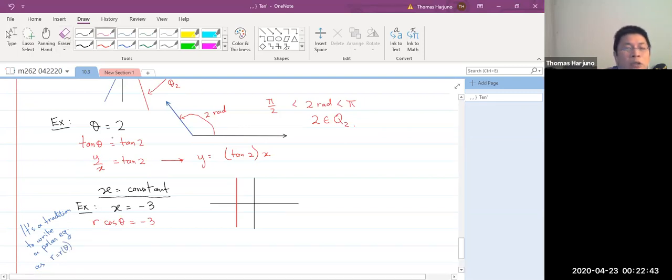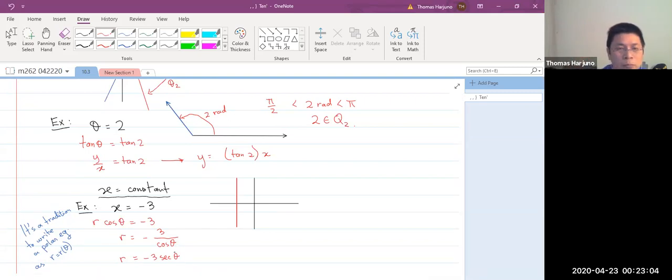In other words, we isolate the r and have the theta on the other side. R equals negative 3 secant theta. So I replace x by r cosine theta, and solve for r.